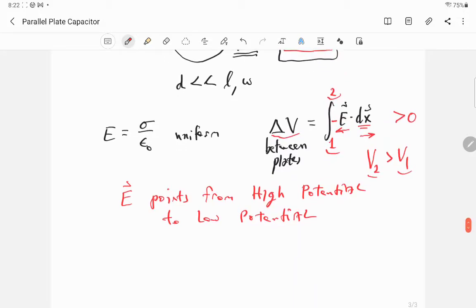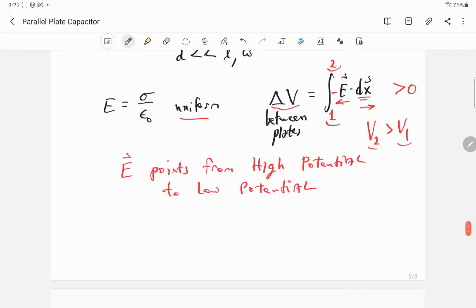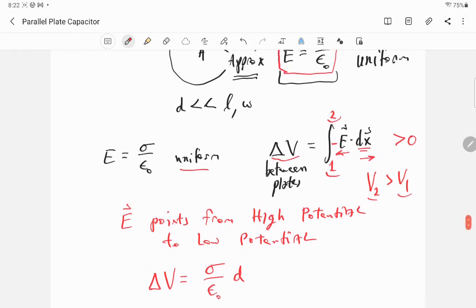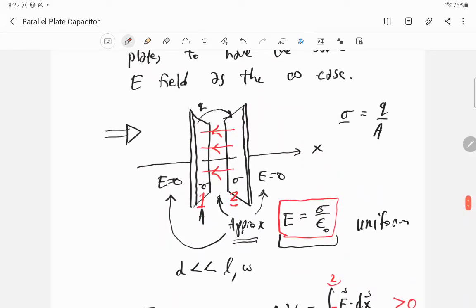But anyways, the integral is simple because the electric field is uniform. And it turns out that the potential difference is just sigma over epsilon naught times the distance d, right? The distance d is the distance of separation between these two plates.